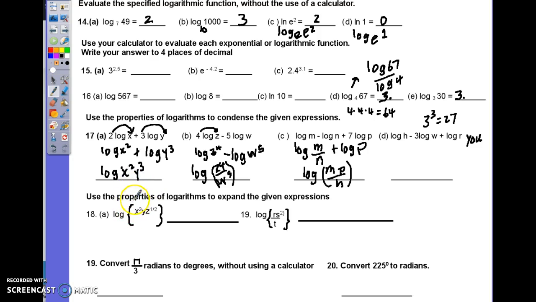And now we're going to go the other way. It says use properties of logarithms to expand the given expressions. So here we have x squared y to the 1/2. So we take this and we make it log. And here we have a product because we have x squared times y times z to the 1/2. So it's going to be log x squared. The product becomes plus log of y plus log z to the 1/2, or the square root of z.